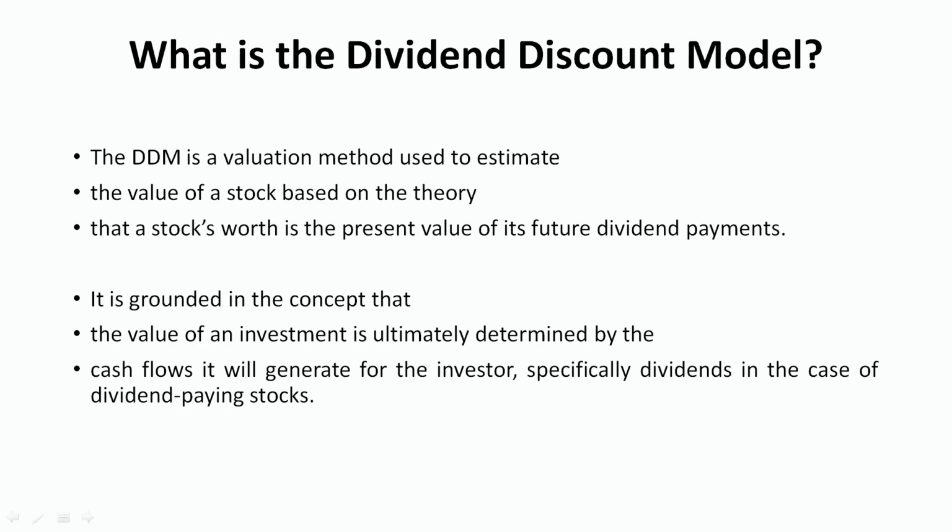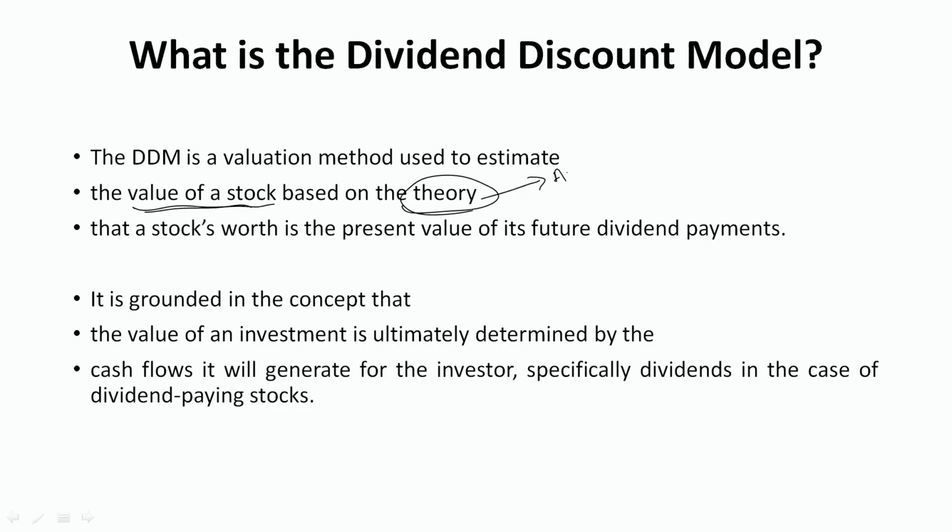So, what is the dividend discount model is the first question. It is nothing but a valuation method where you are trying to find out the value of the stock or the value of the share of your company based on theoretical aspects. Why do I say value of stock based on theory? Because this is not the actual value.